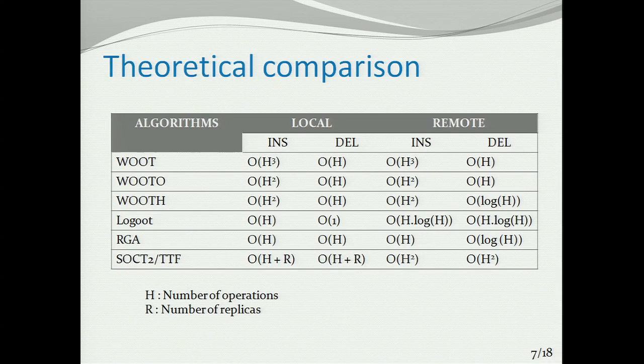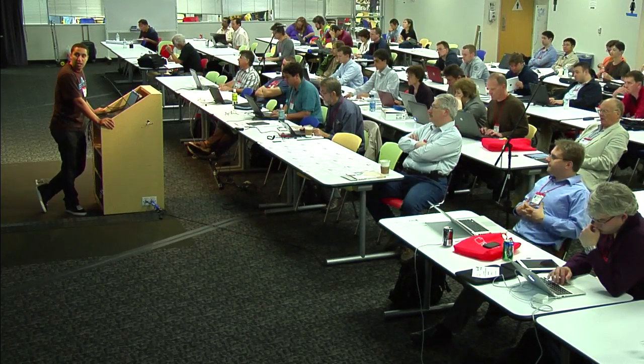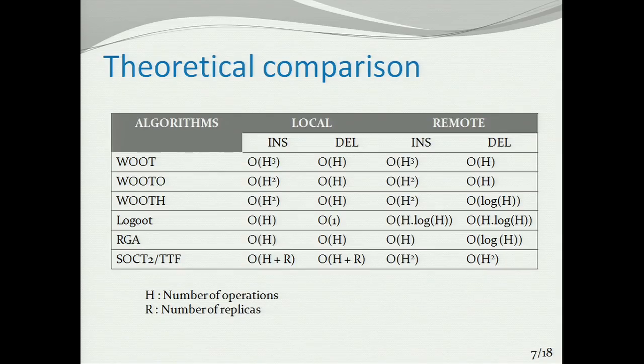For all algorithms, we have no algorithm that is absolutely the best. We can just say WOOT is the worst in most cases, but not all. Logoot and RGA are the best candidates in our experiment, even though traditionally operation transformation algorithms are used in this type of application, for example, SOCT2.